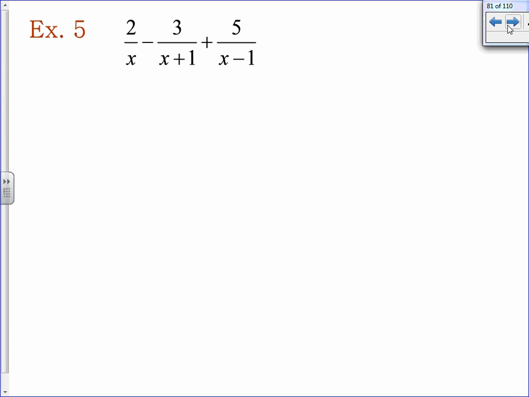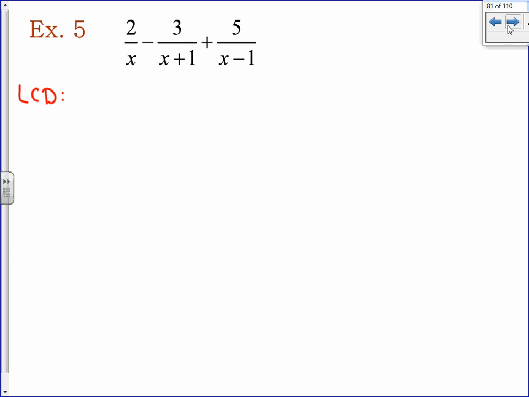Okay, so this is where it gets a little hairy. You have 3 fractions. So your LCD must consider all 3 denominators. One thing that's great though is there's no factoring, so that's a benefit.